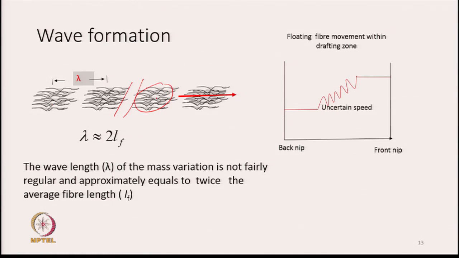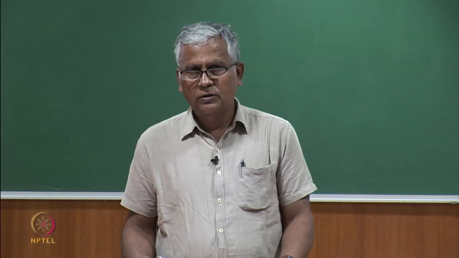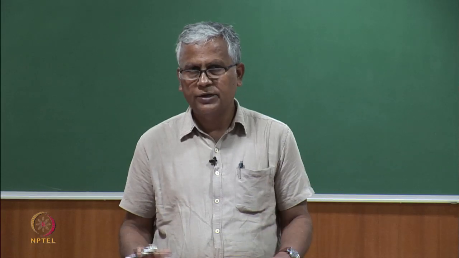Therefore, there will be zones where there is an increase in mass, and zones where fibers will be fewer in number, thinner regions. So, thick and thin regions will occur simultaneously, and this is what we call a kind of wave formation.